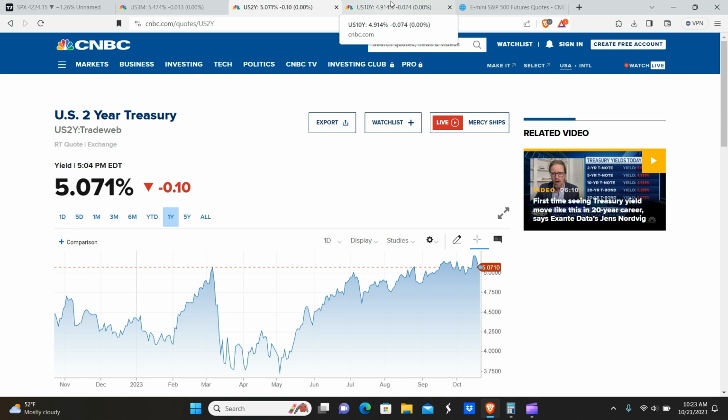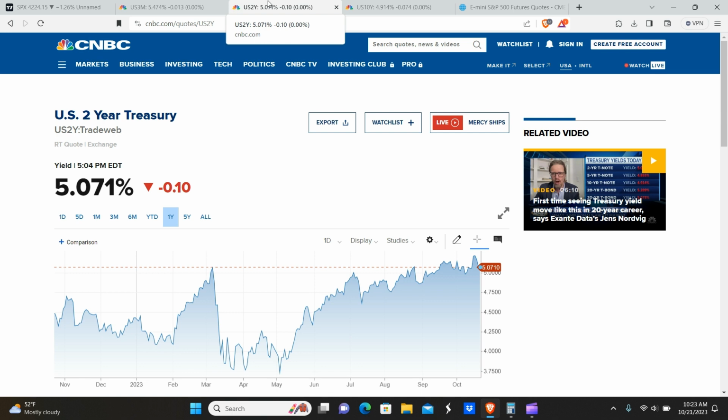This is what's known as an inversion. When the yield curve becomes uninverted, you usually see the opposite: the 3-month will have the lowest yield, and the 30-year, or in this case the 10-year, will have the highest yield. That's what a yield curve inversion and uninversion is.